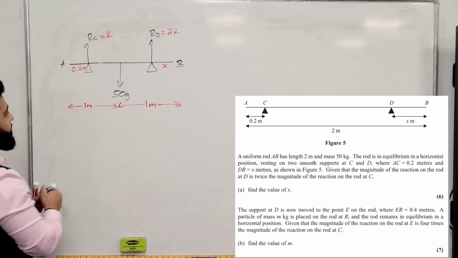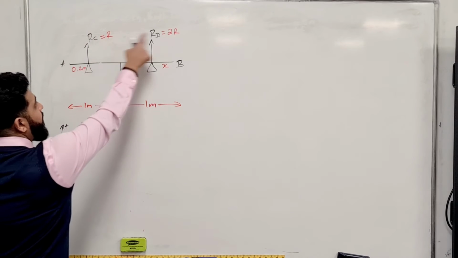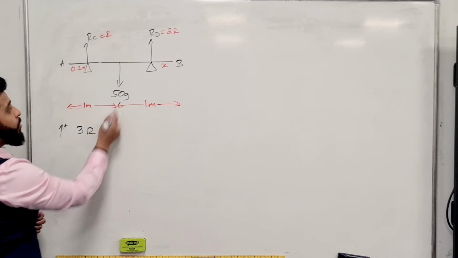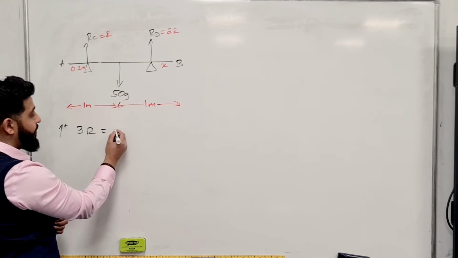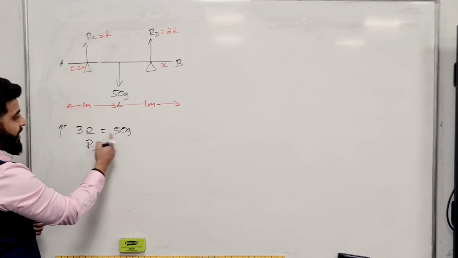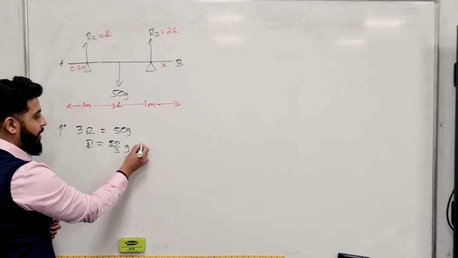So let's begin. Let's resolve this way first. We've got R and 2R, which is a total of 3R, equal to what's going down, which is just 50g. That can be obtained easily by doing 50g divided by 3. So we'll leave it like this for now, and that's in newtons.